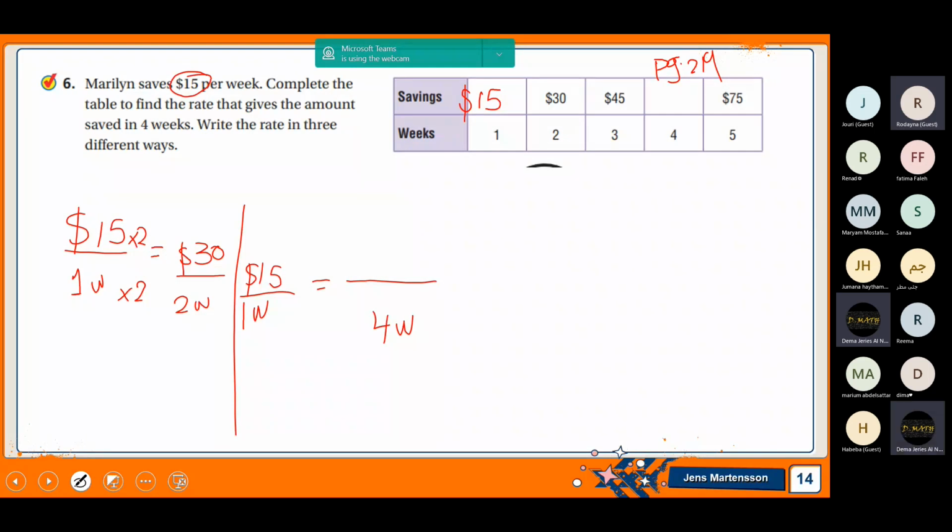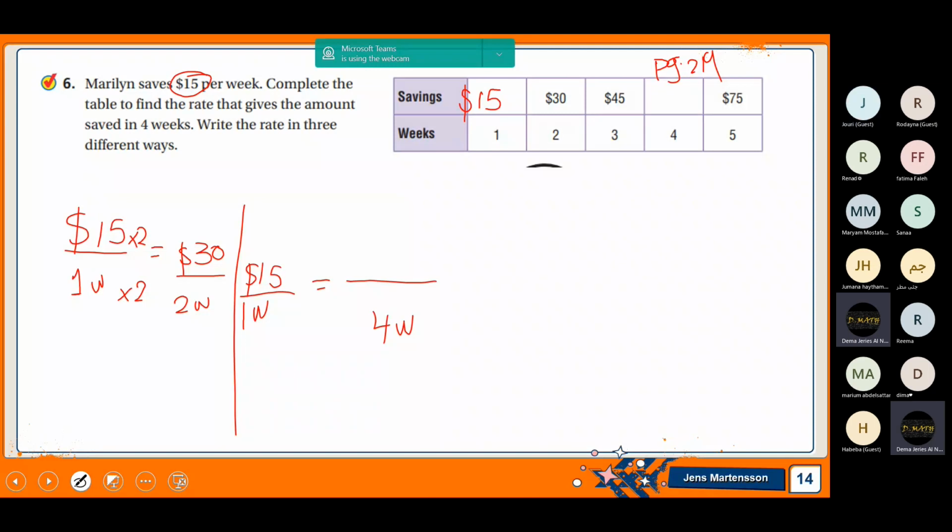To get 30, we should multiply 15 by 2. It's so easy, miss. 15 per 1, so per 2, 30. That's it.